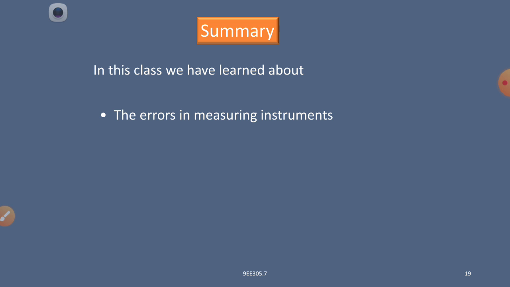In this class we have seen errors: the definition of error, and the errors in measuring instruments, which may be gross error, systematic error, and systematic error further divided into instrumental error, environmental error and observational error, and the random errors. We have seen the reasons, the causes and the remedies. These are a few basic points regarding the errors in our electrical measuring instruments.